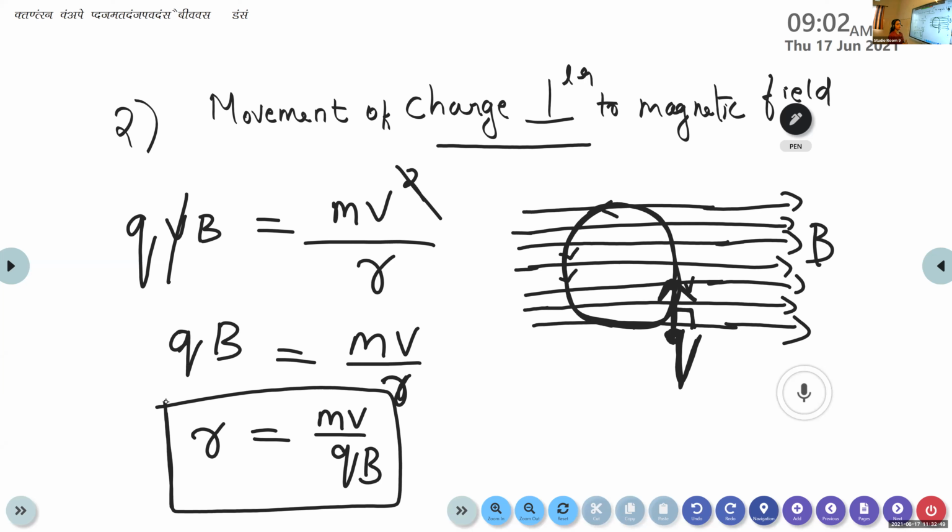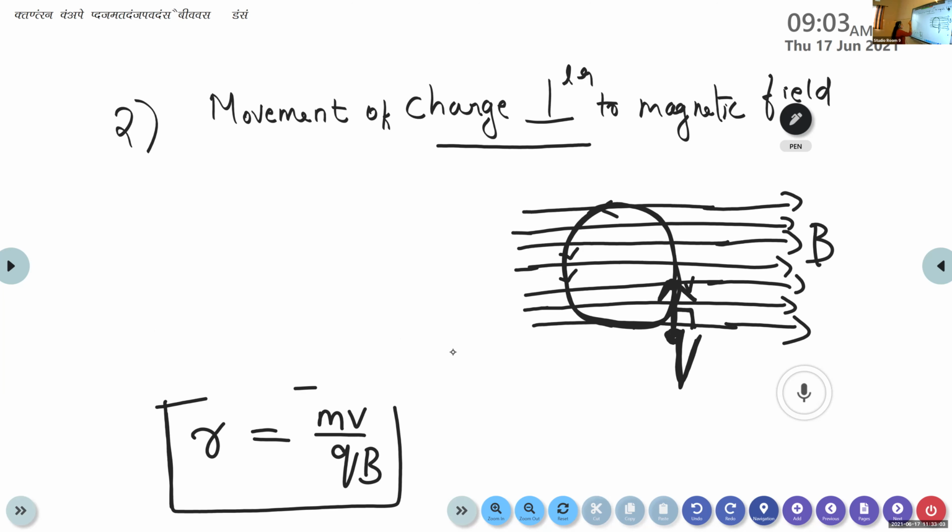Now we want to calculate the time required for the charged particle to complete one motion along this circular path. The time required for the charged particle to complete one circular motion is given by, what is the equation for calculating the time period T?